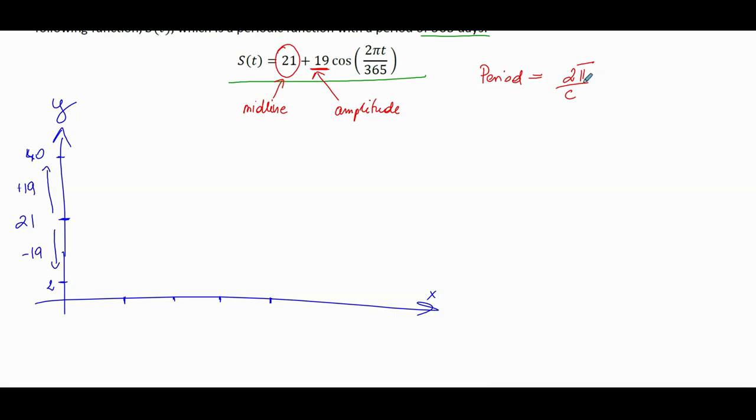That is the number that stands beside the x value. So it is 2 pi divided by 2 pi over 365. If you put that in the calculator, you will get 365, because that's the period here.